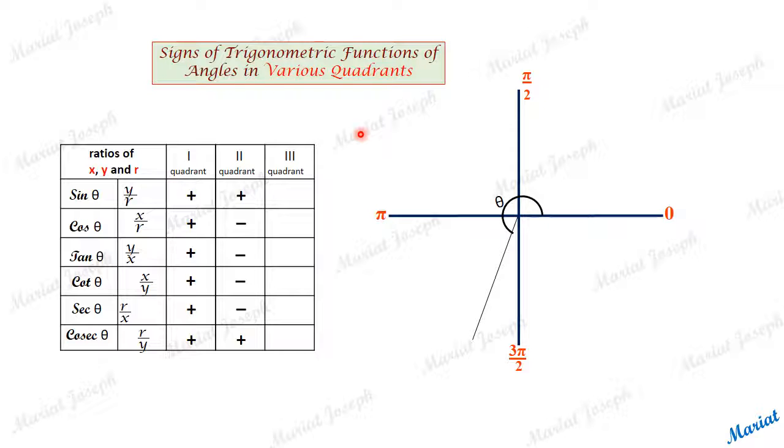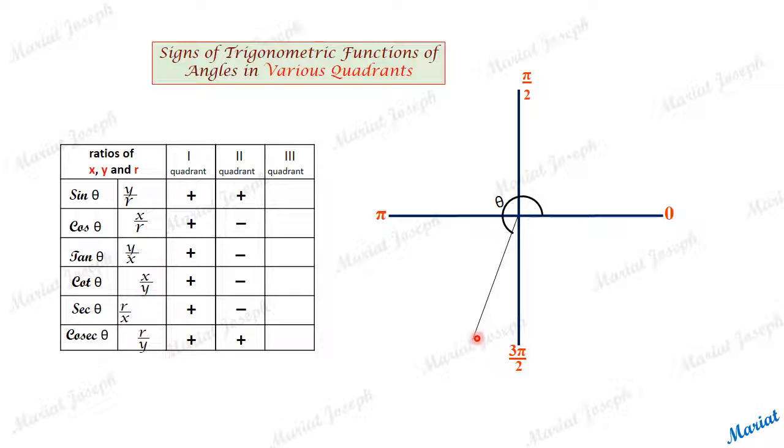Here it goes. Now the angle is more than 180 degrees, or in other words, the angle is more than pi radians but below 3 pi by 2 radians. So the terminal side is lying in the third quadrant.